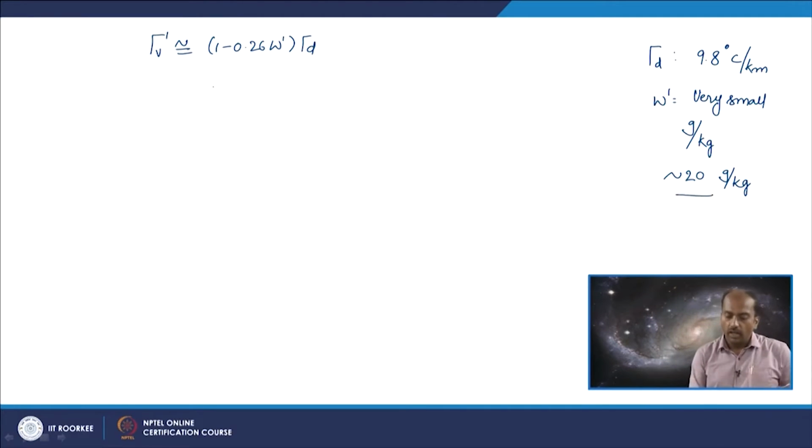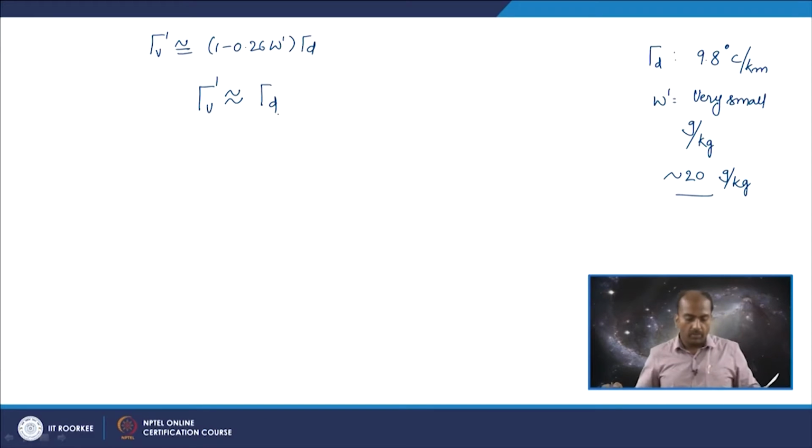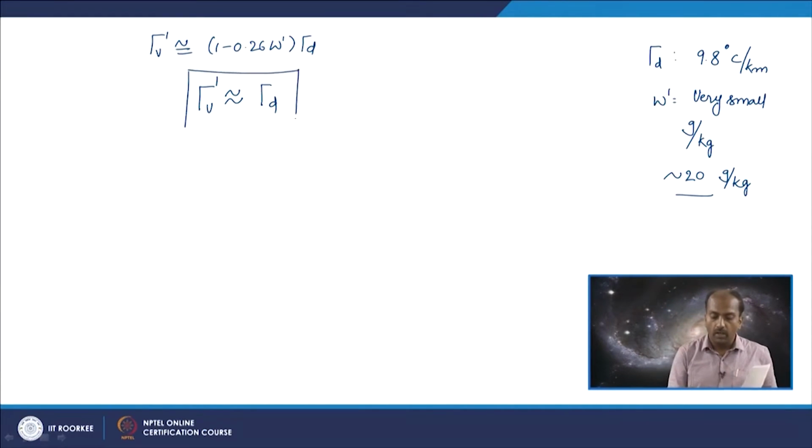So, that means I can neglect this term and write gamma v prime is approximately equal to gamma d. What does it mean? The rate at which the virtual temperature changes inside the air parcel is almost equal to the dry adiabatic lapse rate, right. Let us write all the lapse rates that we have taken so far.